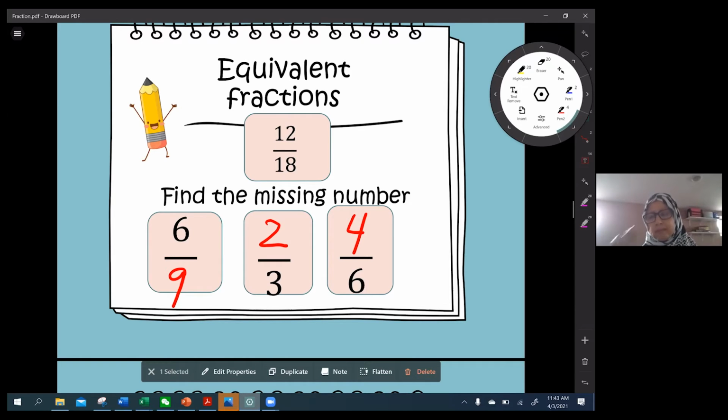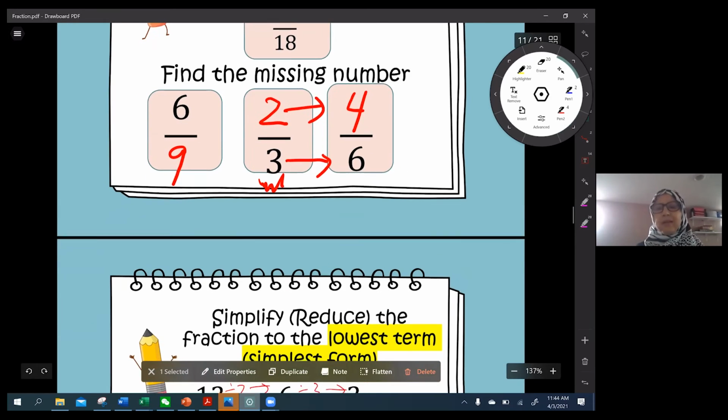So I use 12 divided by 3 equals 4. Very good. I can also look at this one: 3 times 2 is 6, and 2 times 2 equals 4 as well. Yes, I can do that too. Wow, very nice.